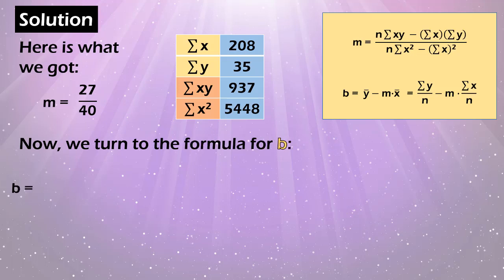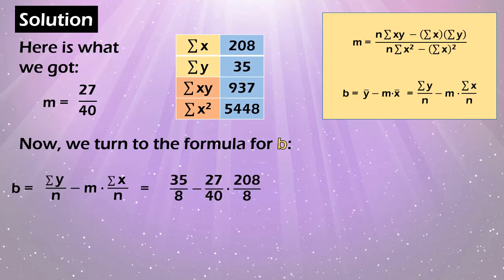b is going to equal y bar minus m times x bar, which is sigma y over n minus m times sigma x over n. So sigma y is 35 over 8 minus 27 over 40 times sigma x, which is 208, over n, which is 8. We'll go ahead and simplify here.